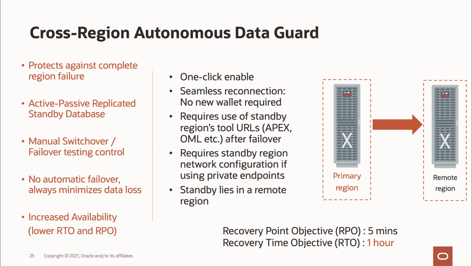Because there is no automatic failover here, and we are in fact failing over across regions, the RPO with cross-region Autonomous Data Guard enabled is 5 minutes, and the RTO, the recovery time objective, is 1 hour.